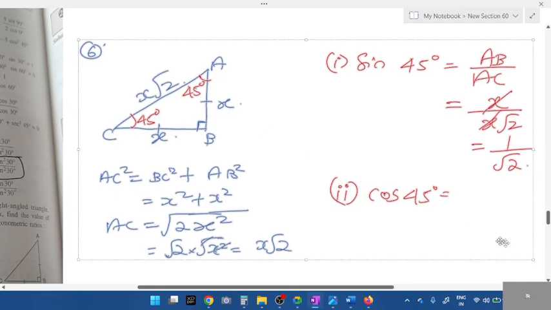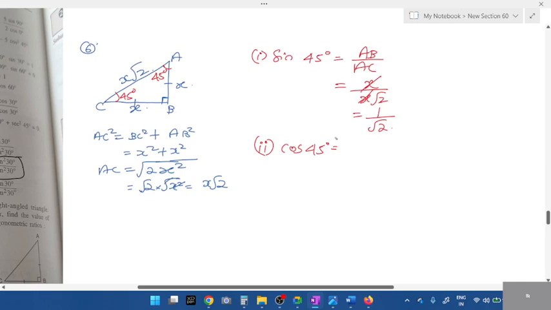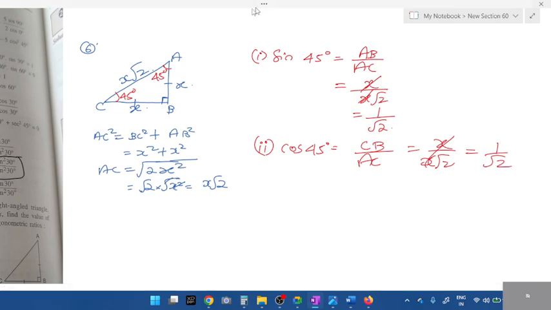Find cos 45: base by hypotenuse. What is the base, students? For angle C, what is the base? CB divided by AC, that is equal to x divided by x root 2. We get 1 by root 2. Now we all try tan 45.